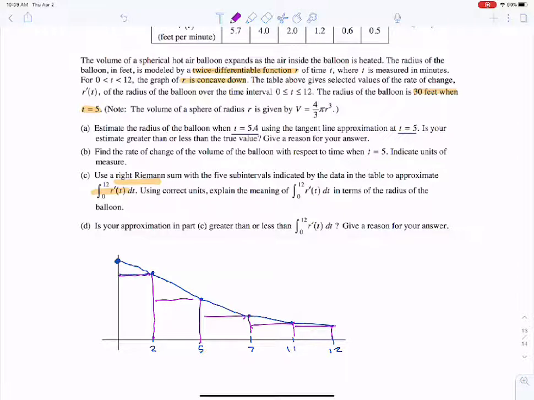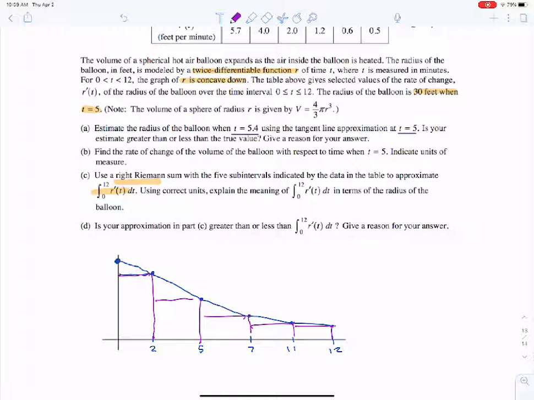So my answer is, in this case, the value in part C is an underestimate, and the reason being is the function is decreasing on the interval, we could say monotonically decreasing on the interval from 0 to 12. I don't think you have to use the word monotonically.